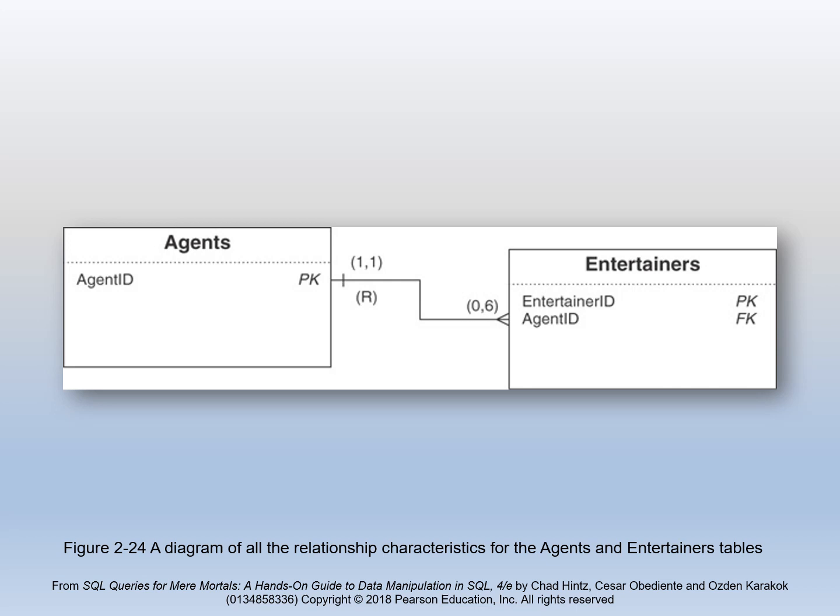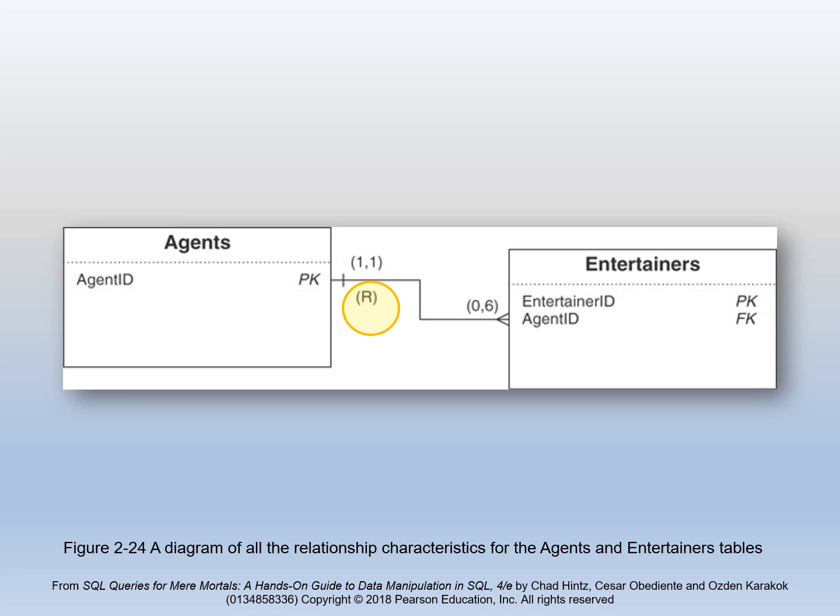Finally, on this same relationship between agents and entertainers, what does the R represent? It represents a restricted deletion. You cannot delete an agent if the agent is associated with entertainers. Essentially, you do not want a row to be gone from this table, but over here in the entertainers table, you have entertainers associated with the agent that is no longer really an agent because he or she is not in this table.